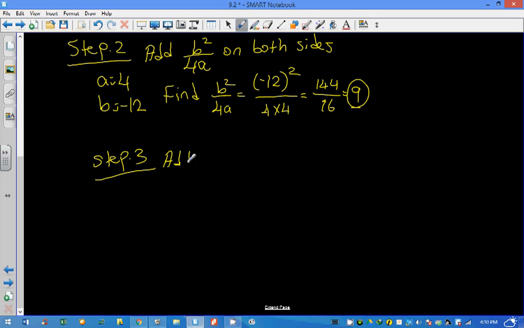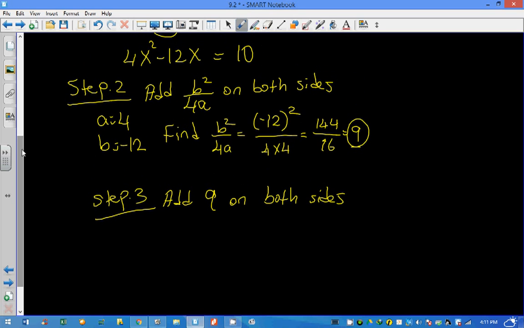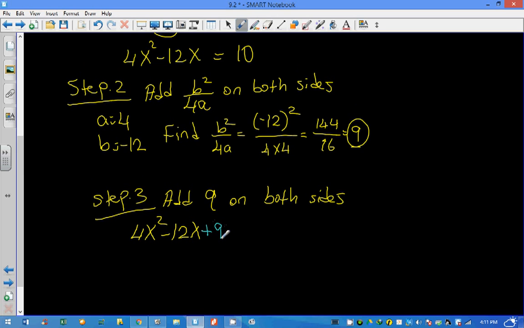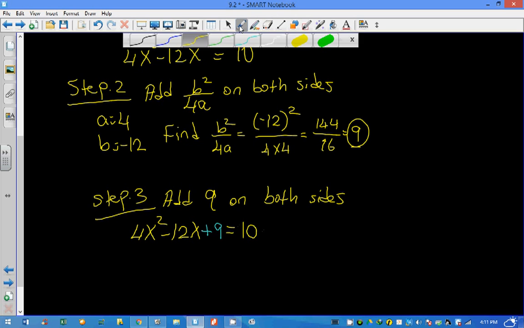And step 3, add 9 on both sides. So let's add it. The equation was 4x squared minus 12x plus 9, right? And equal to 10 plus 9.